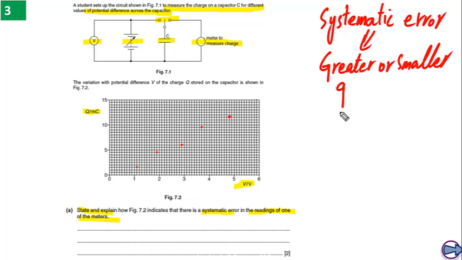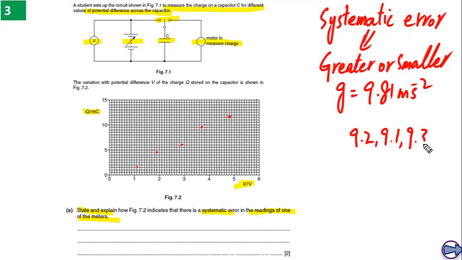For example, if we have a value of g that is equal to 9.81 meters per second squared, and this is the actual value. Let's say we got measurements 9.2, then 9.1, again 9.3, and let's say 9.0.